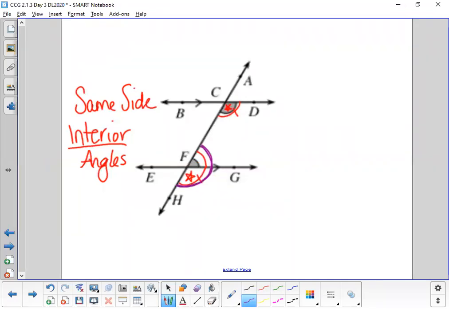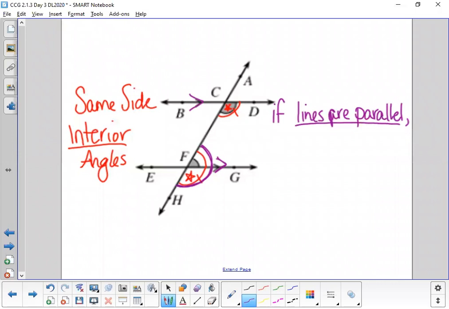All right, so I can say if my lines are parallel, that's my hypothesis. That's what I know because of the angle mark or the arrow markings.